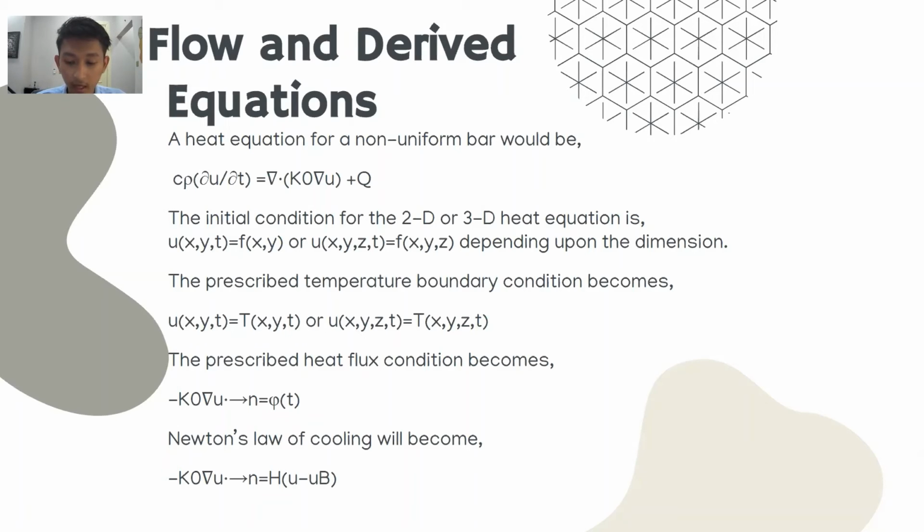So that is how the partial differential equation is applied in the heat equation, which is widely used in physics and thermodynamics and such. So that is all from me.